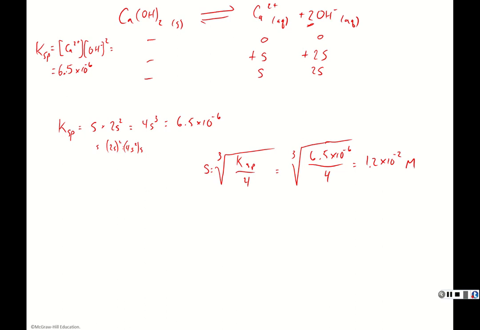Okay, so then if you wanted to ask how much calcium is dissolved, that'd be that number. If you wanted to know what the concentration of OH- was, that'd be 2 times that number.